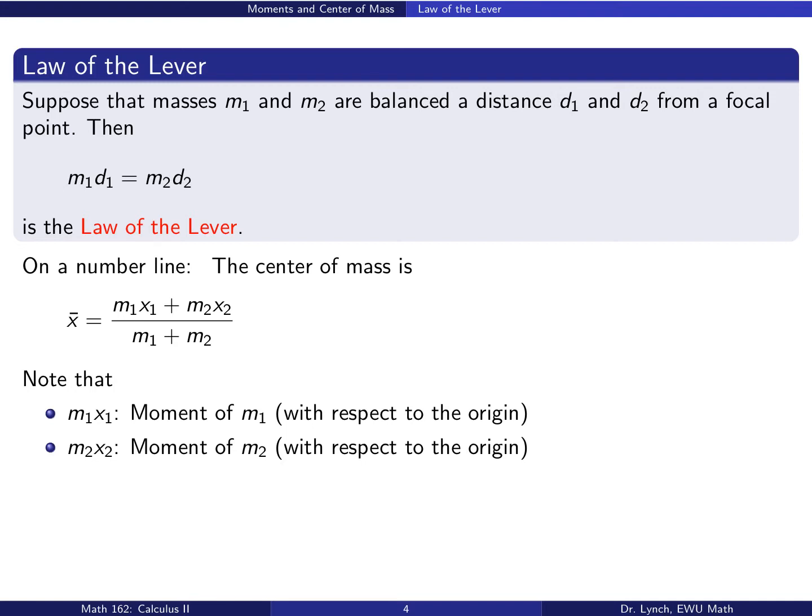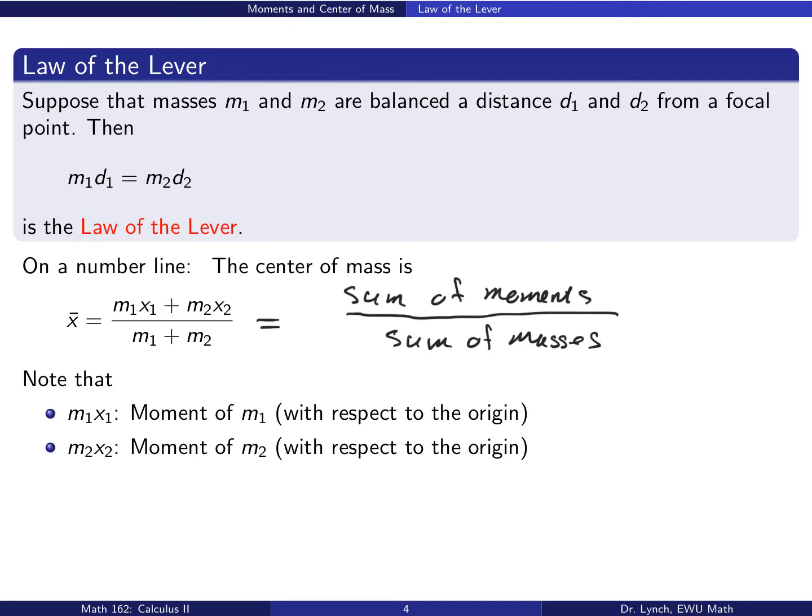Now, if we think about m1 x1 as the moment of m1 with respect to the origin, and m2 x2 as the moment of m2 with respect to the origin, we can sort of stylize this center of mass. And that stylization tells us that you can express x bar as the sum of the moments divided by the sum of the masses.